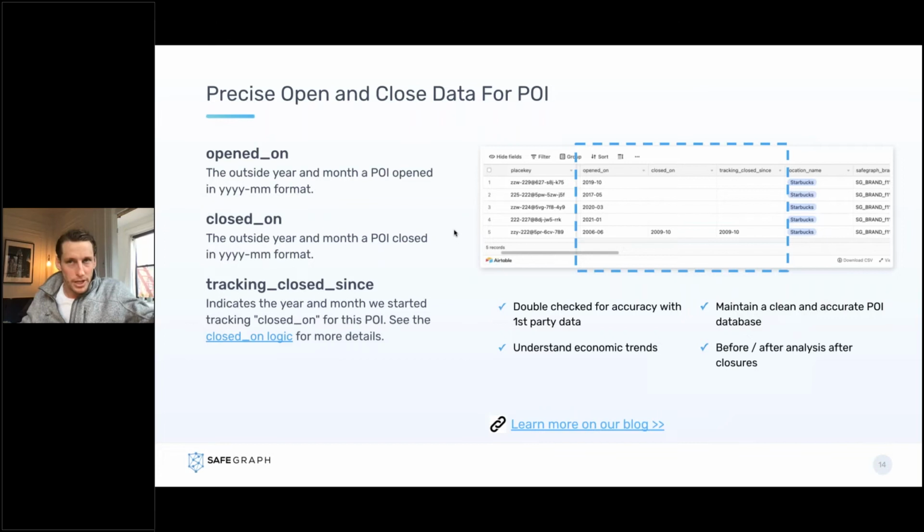The business is open. We're seeing signal from it, and the signal could be anything from something that's crawled to some first-party data that we're privy to from the business itself to actual boots on the ground visitation recently. Whatever it is, we're confident that it had opened at this date. That's pretty easy to handle in comparison to closed, which is very subjective.